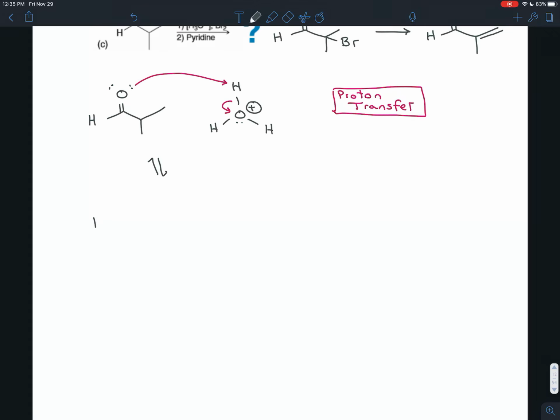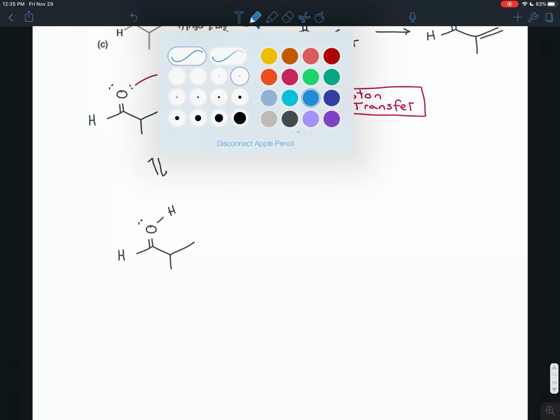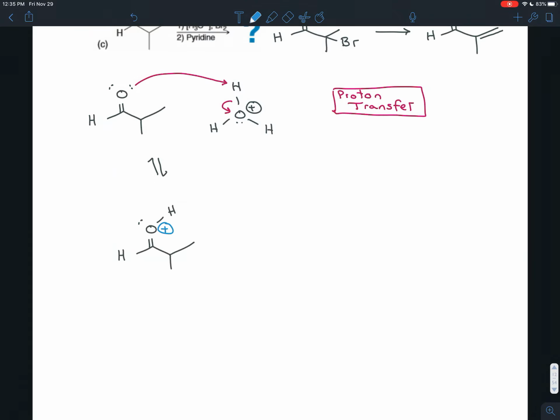So at this stage, we would have the same molecule just with a hydrogen attached where the oxygen is. And notice that oxygen has 3 bonds and so has a full positive charge.